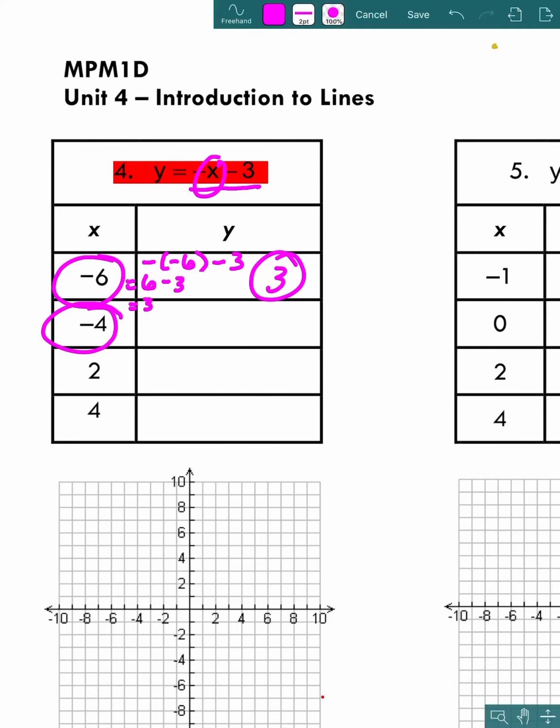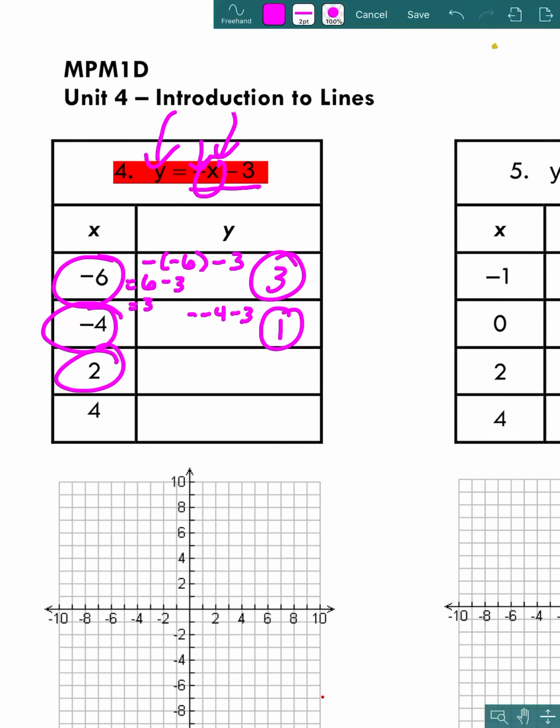Here, when x is minus 4, we've got y equals minus 4 plus 3. Oh, minus 3, sorry. So we've got 4 minus 3. So that's going to give us 1.